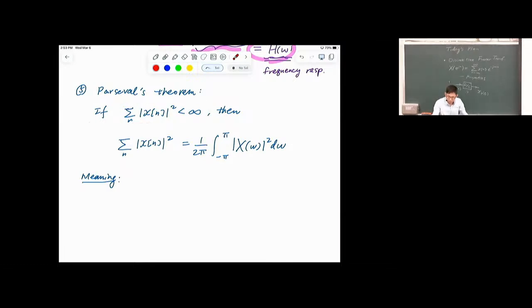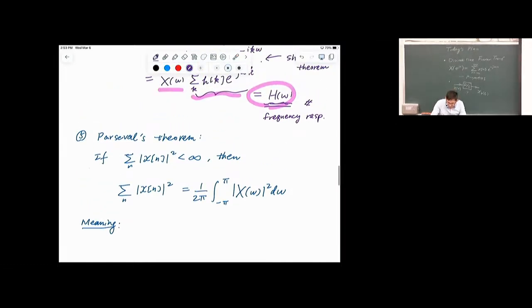Of course, we need to assume that the signal is square summable. If we take the absolute value squared and sum it up, and the summation converges, otherwise it makes no sense.